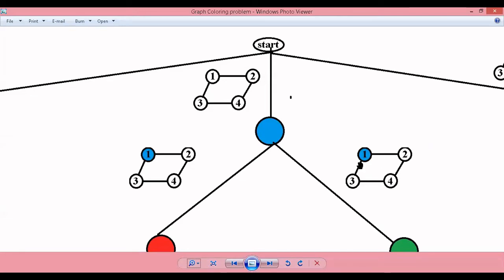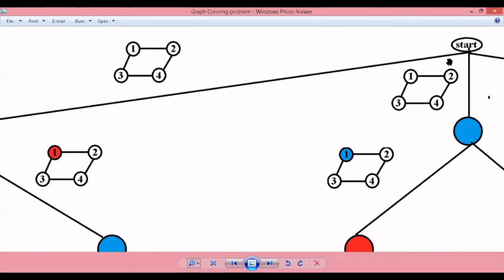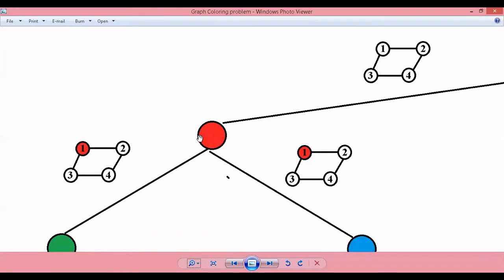Now if I make the first choice, I will move on the left hand side. After the start node, see, slowly I am moving to the left hand side. The choice is using red color, I can color my first node. See, the node in the graph towards the left, the first node is colored using red color. The right side, you see, again the first node is colored using red color.